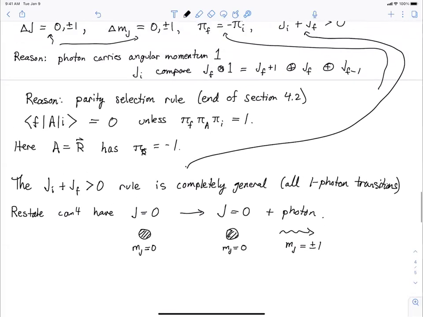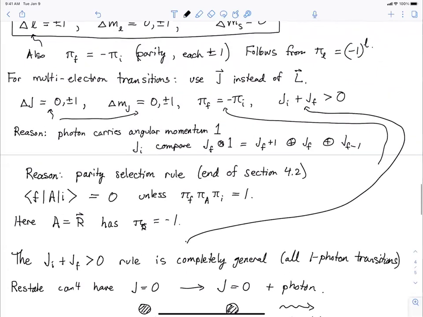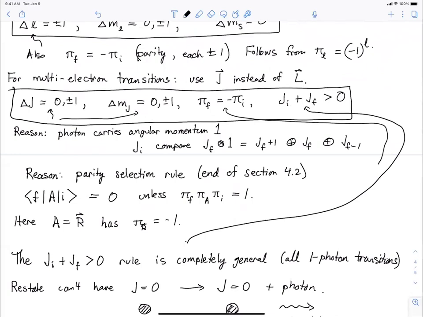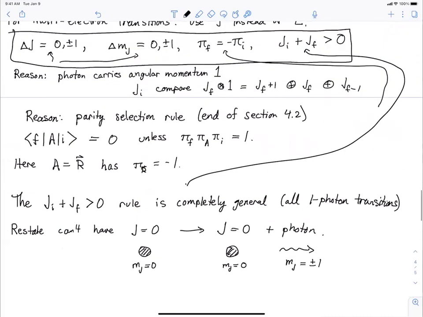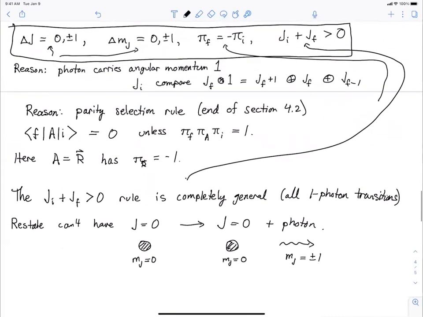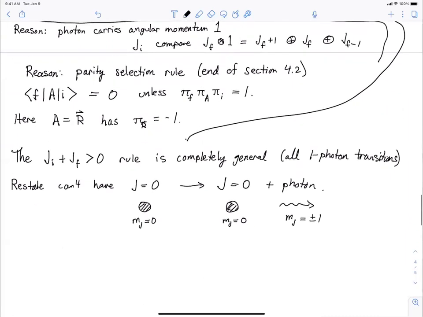Okay, so now we have this second set. This is a more general set of selection rules. And if something violates those selection rules, it's called forbidden, which is a sort of tricky terminology because it doesn't actually mean forbidden.